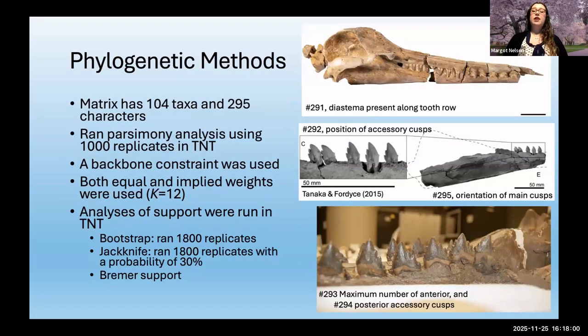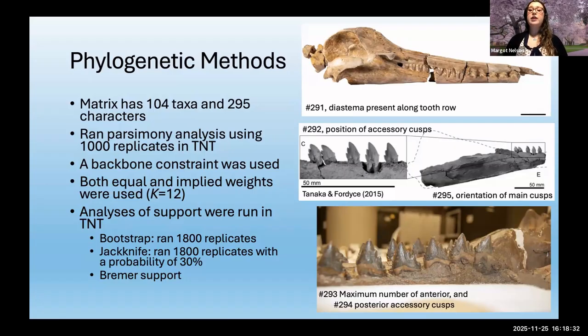So briefly, my phylogenetic methods. My phylogeny was based off of another person's work that I modified by looking at a lot of toothed whale teeth and coming up with characters that would potentially differentiate toothed whales based on their teeth. My matrix ended up having 104 taxa and 295 characters, which I then ran in TNT using traditional parsimony with 1,000 replicates.